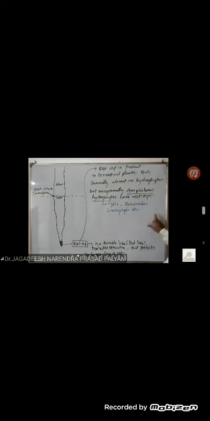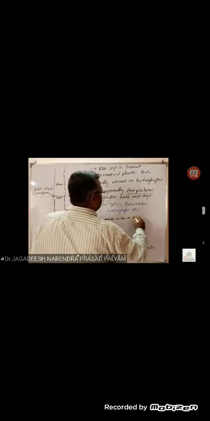So these are amphibious hydrophytes, and this root cap is made of a special tissue called calyptrogen.